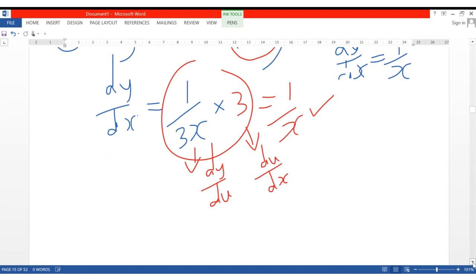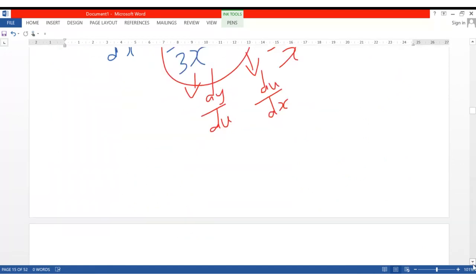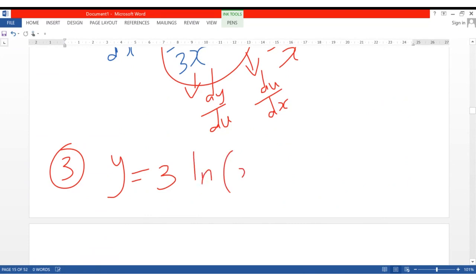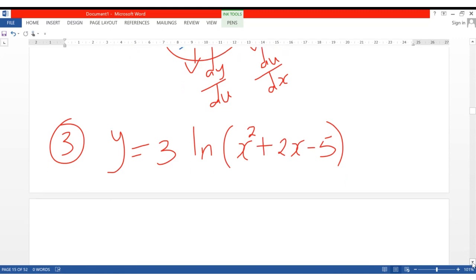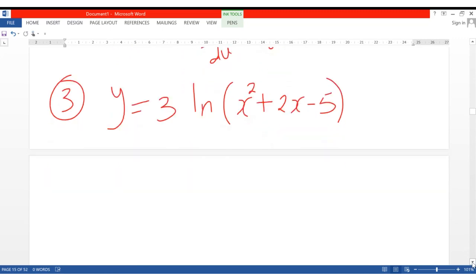I'm okay with that. The final one, number 3. Y equals 3 ln of x squared plus 2x minus 5. We do this one. So our u is whatever is in the brackets.